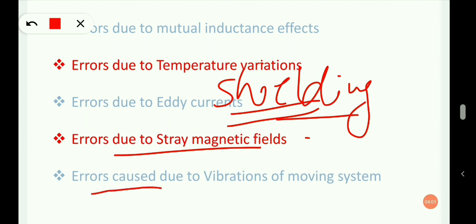And last error is error caused due to vibration of moving system. We know the torque equation, and from the torque equation we can see there is a double frequency component in the torque equation, that is the torque on the moving system varies cyclically with twice the frequency of the voltage.